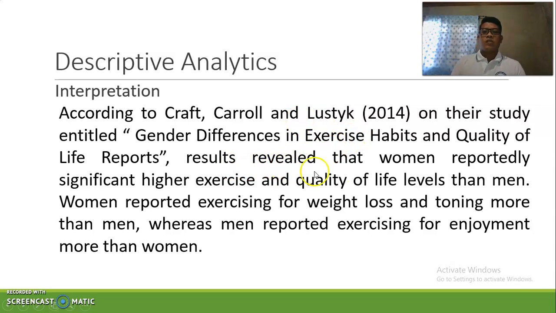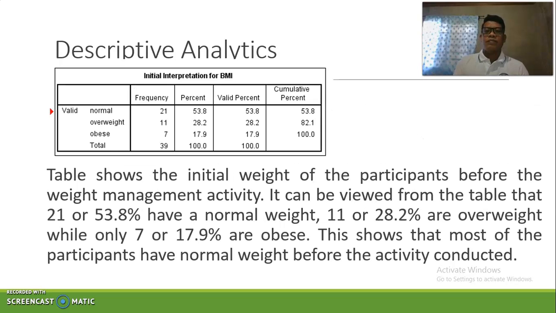Results reveal that women reportedly have significantly higher exercise and quality of life levels than men, so this information supported our data that most of our participants are female. Women reportedly exercise for weight loss and toning more than men, whereas men reportedly exercise for enjoyment more than women. So this is information that could support our study.